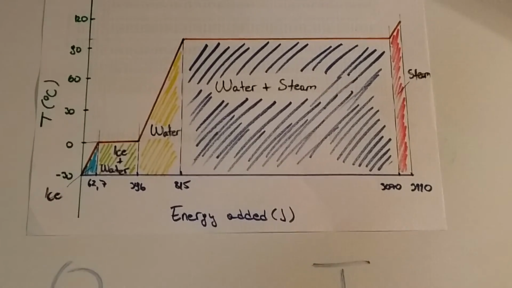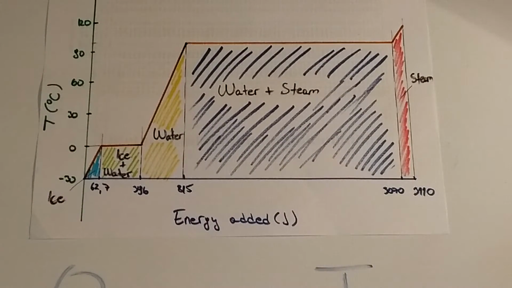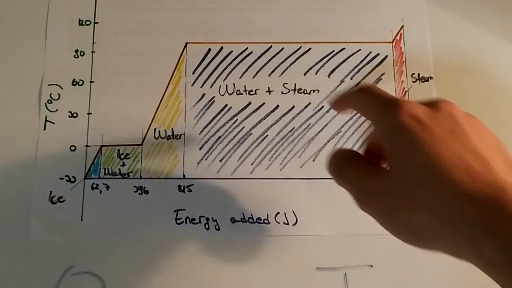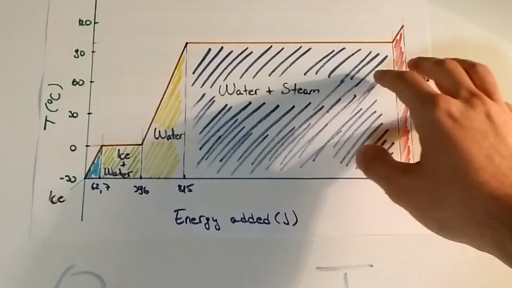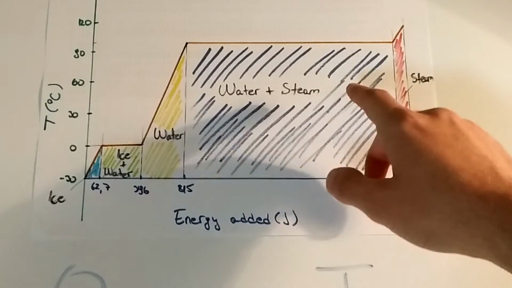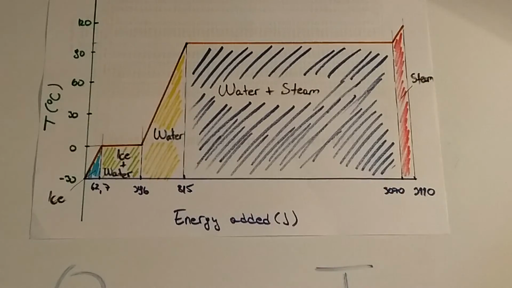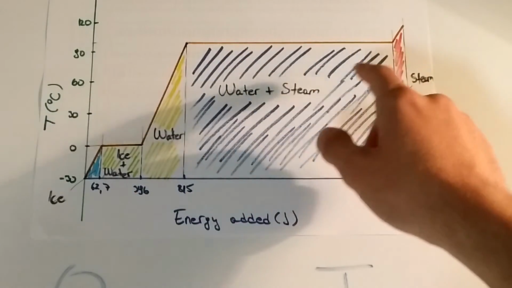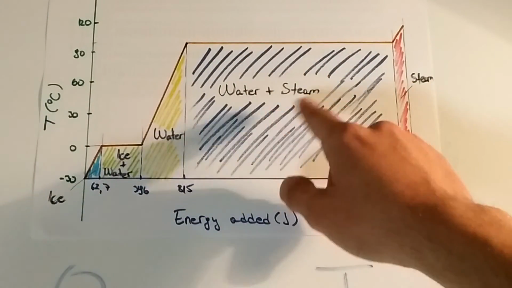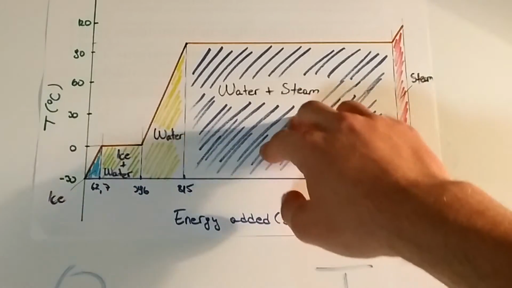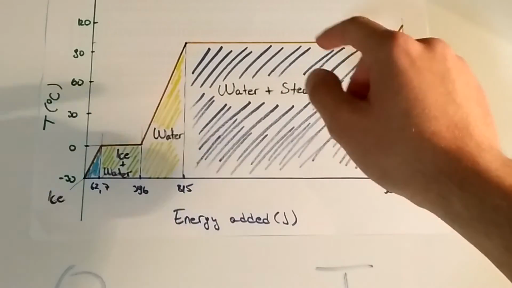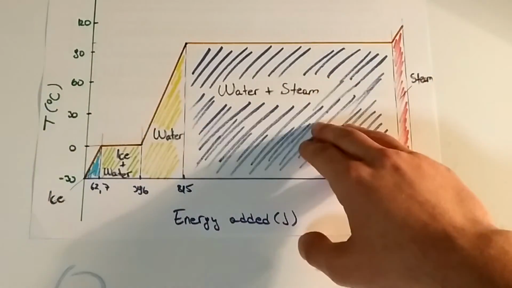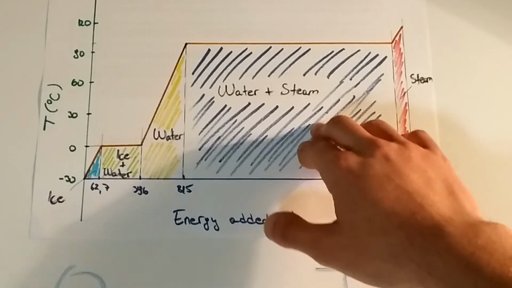Then we have another phase change. This time we have vaporization. We have the water at 100 degrees Celsius, and we're adding heat. As you can see, we don't have a temperature change since the temperature is constant. Here, water is converted into steam. So we have water and steam in equilibrium, and this process continues until all the water is converted into steam.